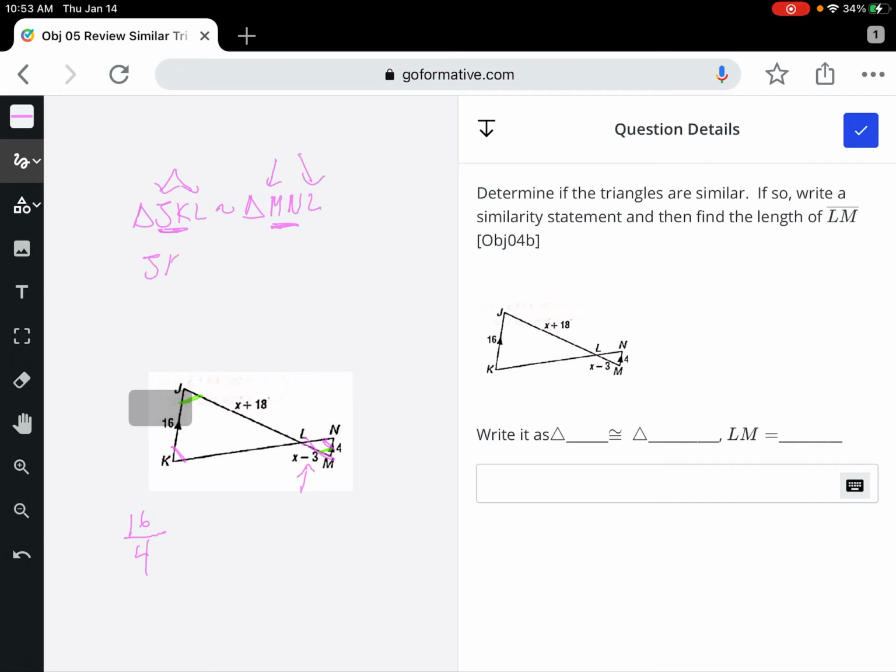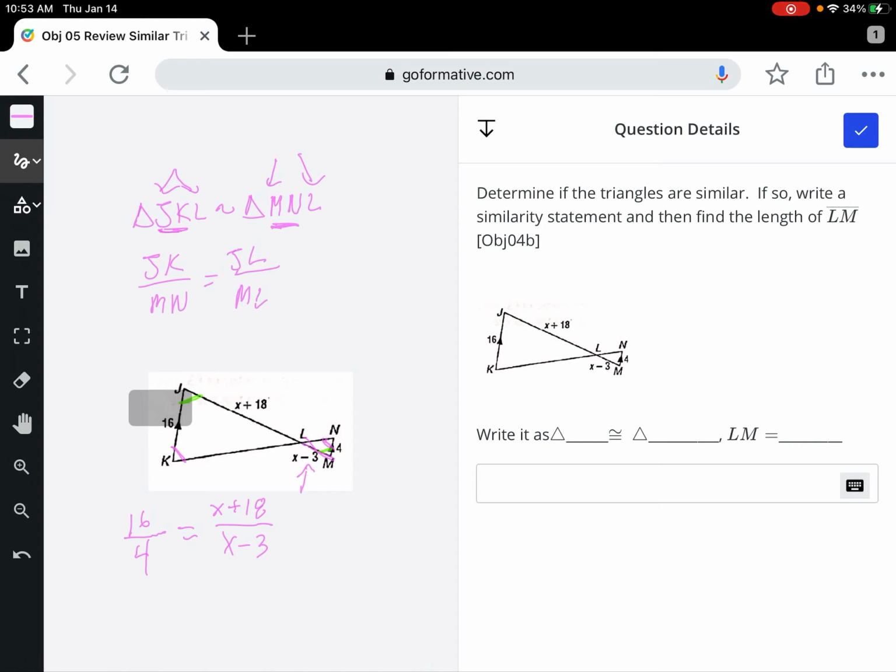So JK over MN must be equal to JL over ML. JK is 16, MN is 4, JL is x plus 18, LM is x minus 3.